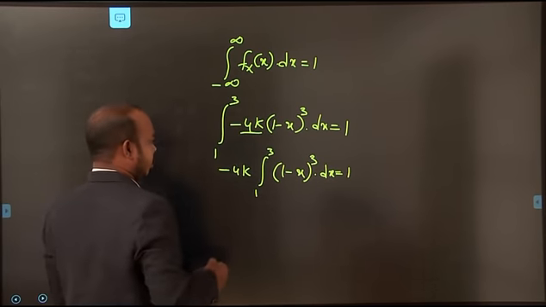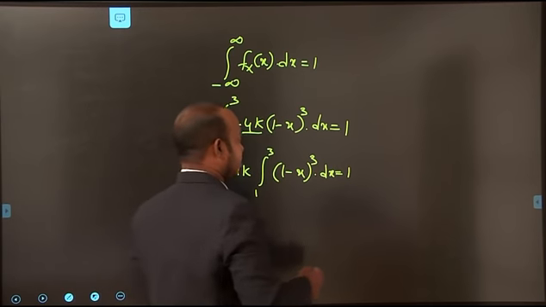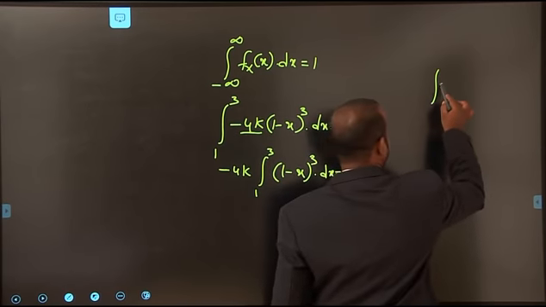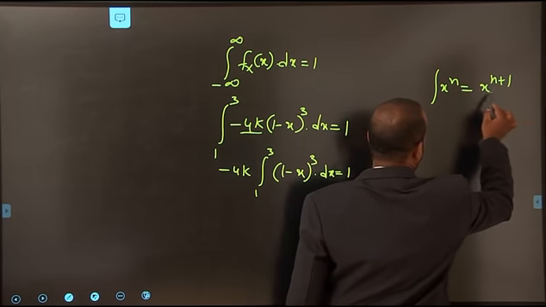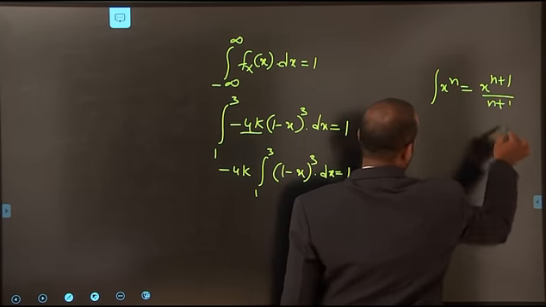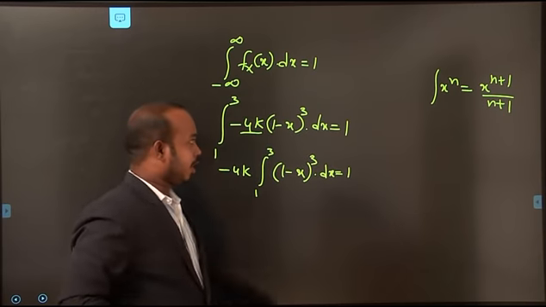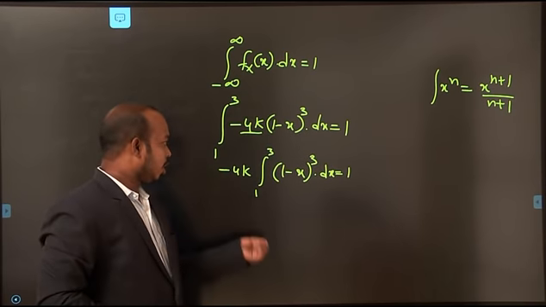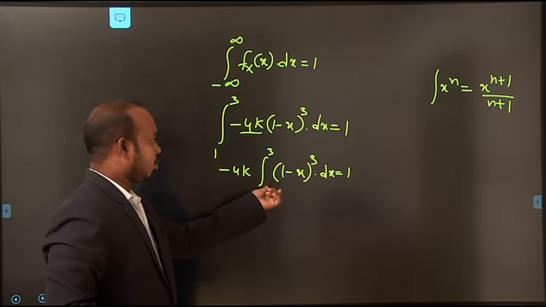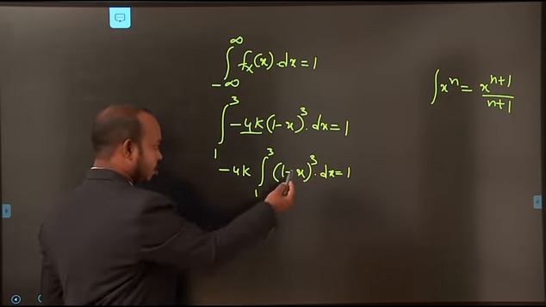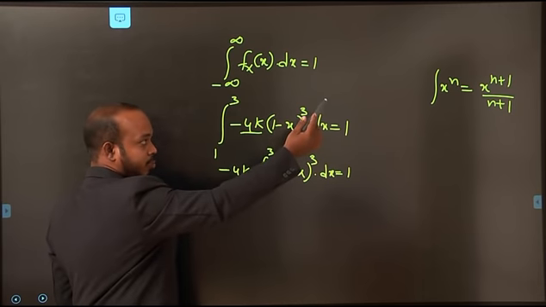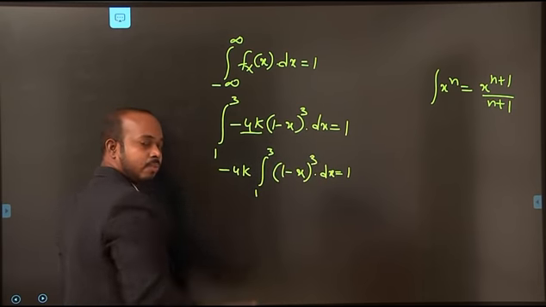Here I am applying the integration. The integration of x power n is equal to x power n plus 1 divided by n plus 1. According to this property, I am able to simplify the integration of (1 minus x) whole cube, rewriting it in terms of x power n plus 1 divided by n plus 1.